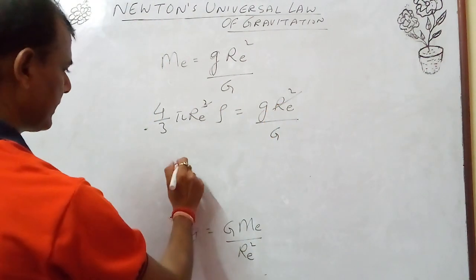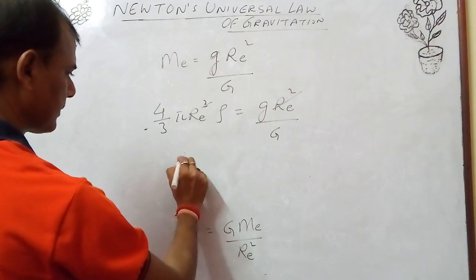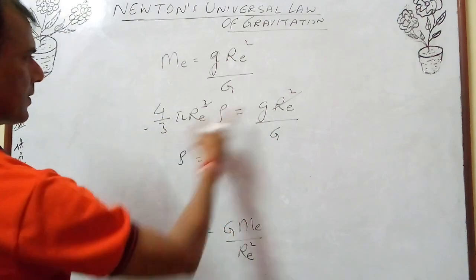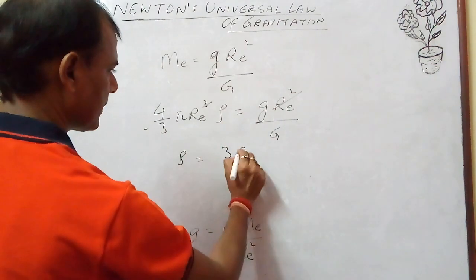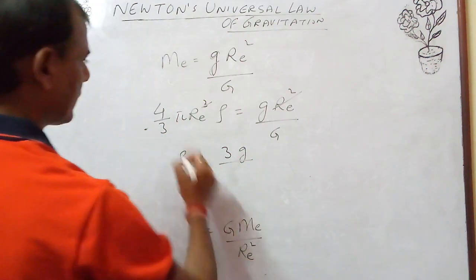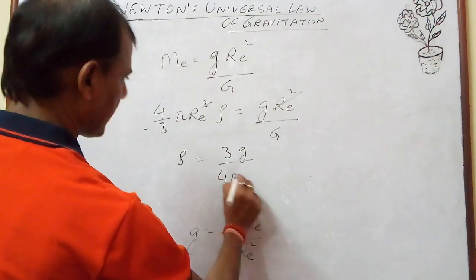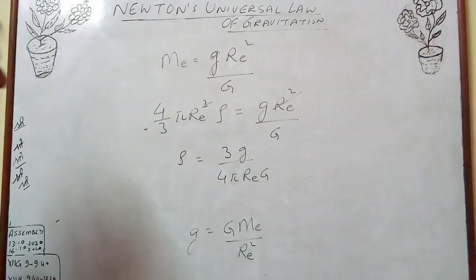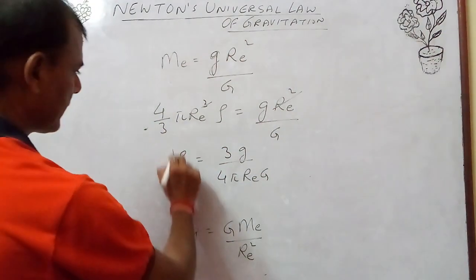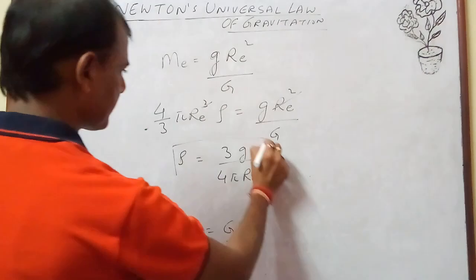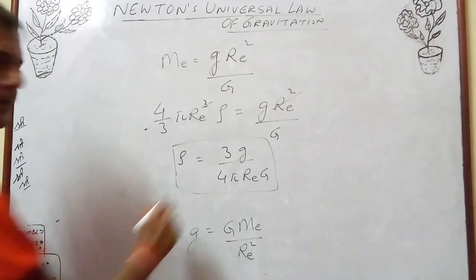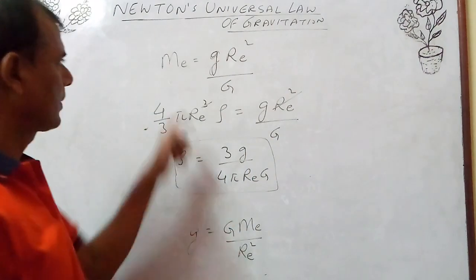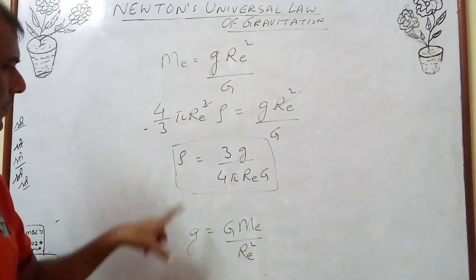The density will be 3g upon 4 pi RE G. By this formula you can find the density of the Earth. This is the formula for mass, and this is the formula for density.